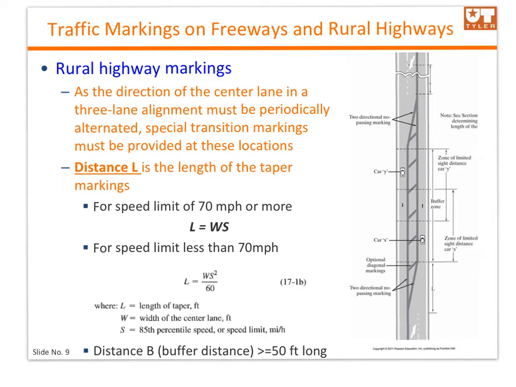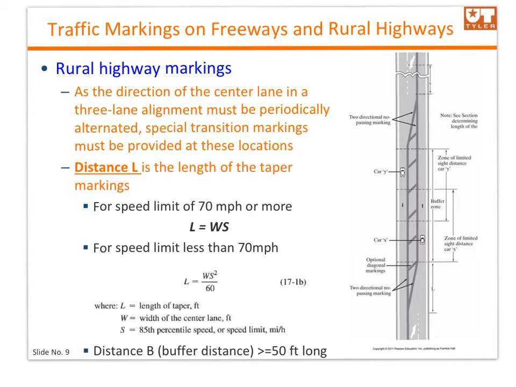So our job as traffic engineers, we have to design the length L, this L here. This is the length of the taper marking, how long we should give the driver time to decrease the number of lanes from 2 lanes all of a sudden to 1 lane here, and vice versa on the other side, where instead of having 2 lanes, it's now going to be 1 lane.